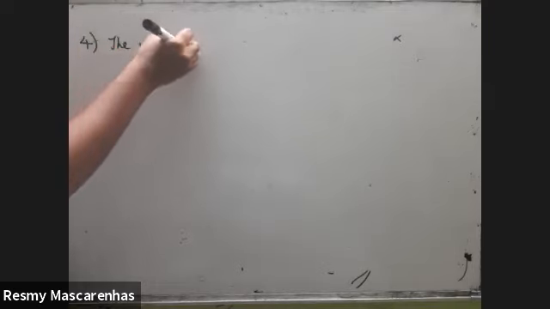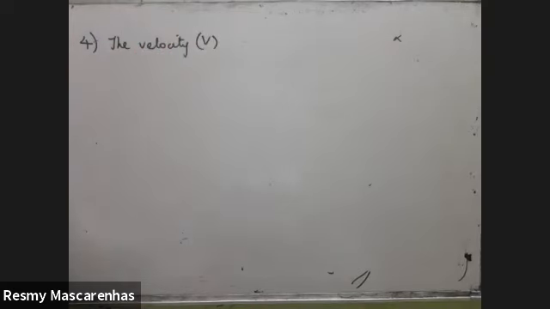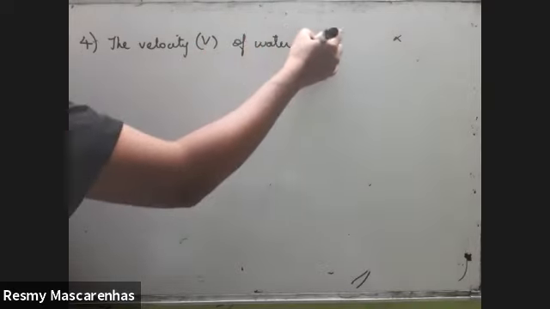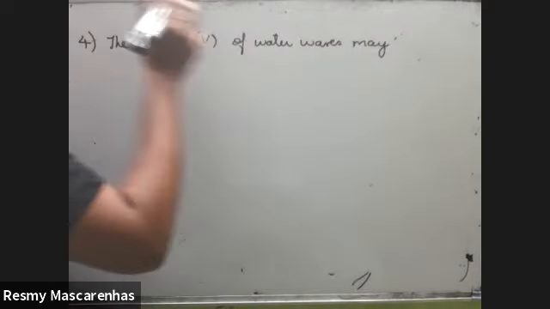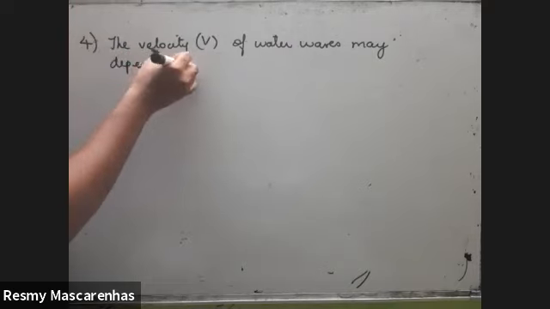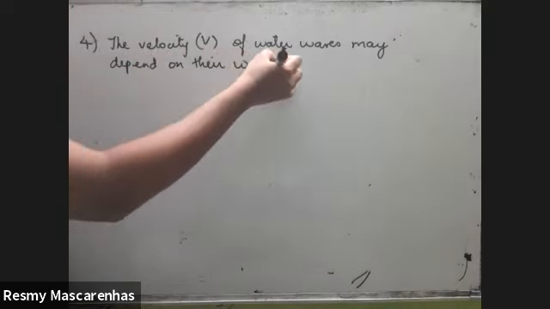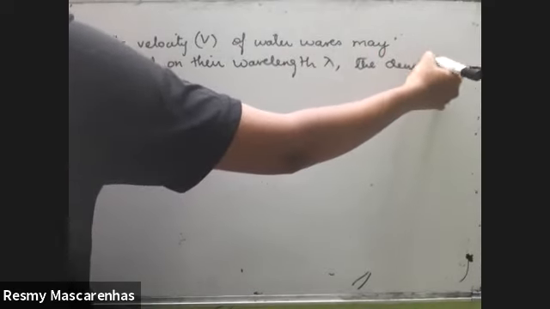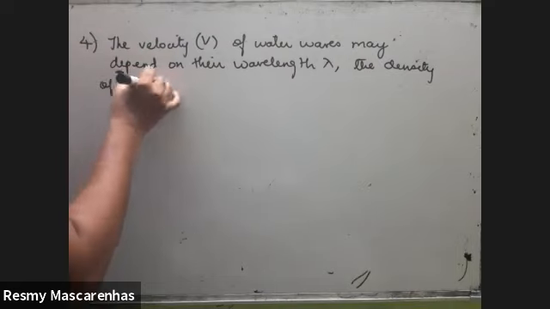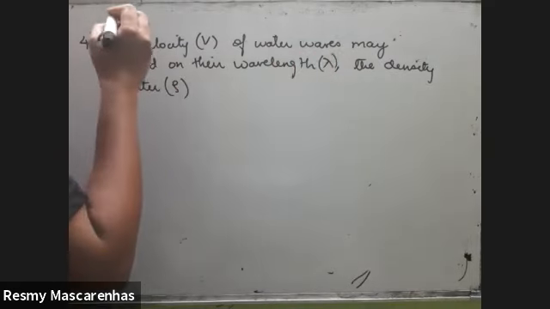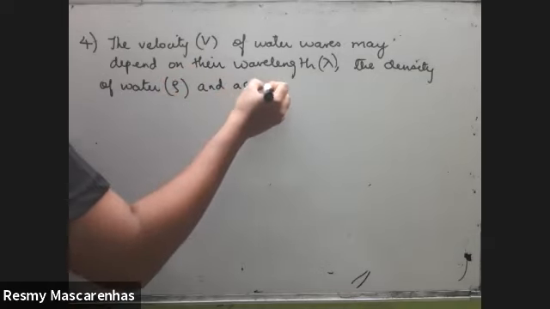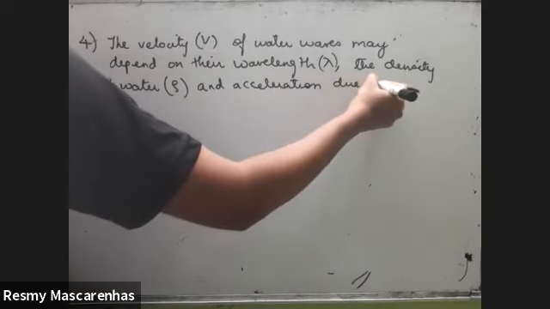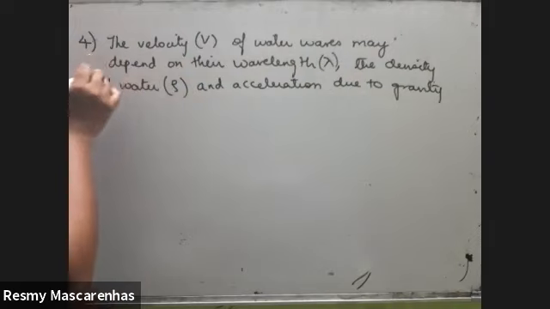the velocity v of water waves may depend on their wavelength lambda, the density of water rho, and acceleration due to gravity g.